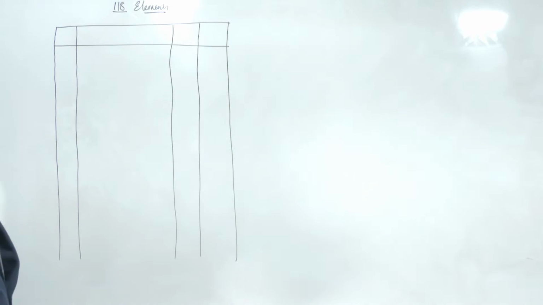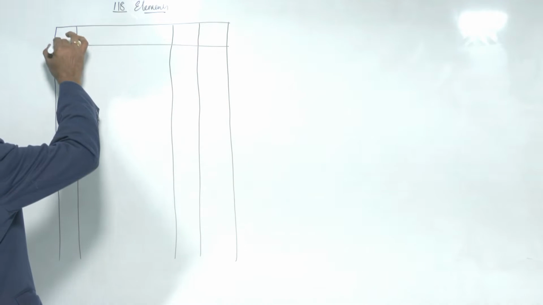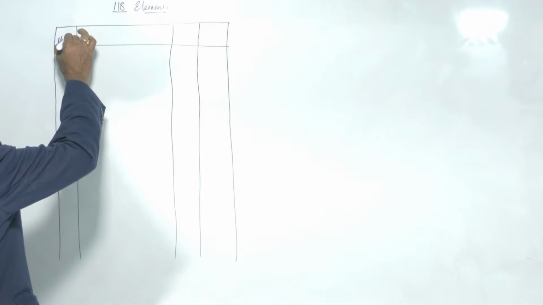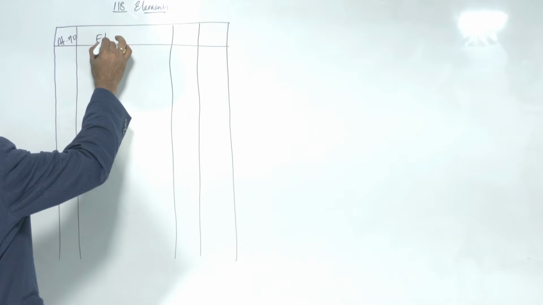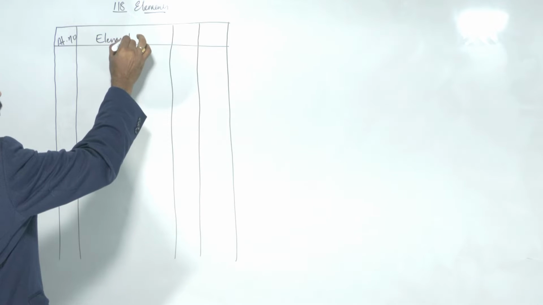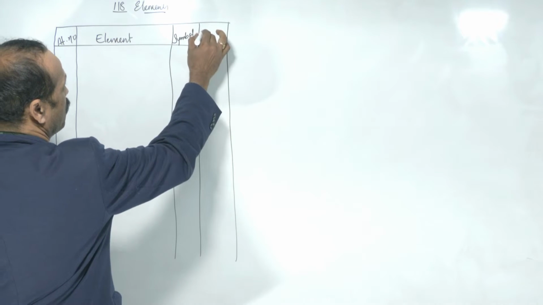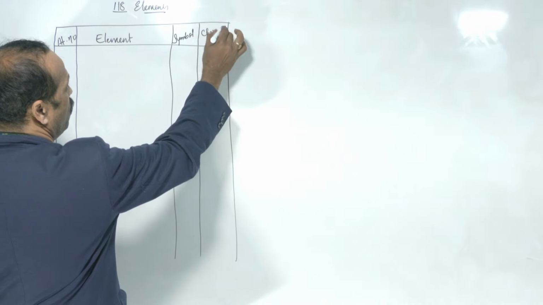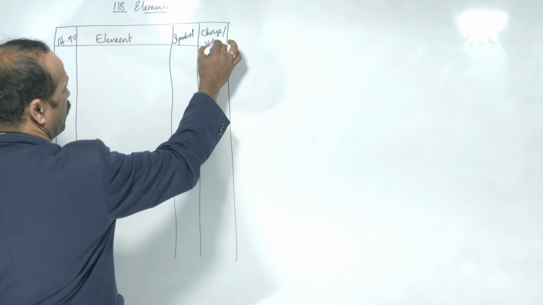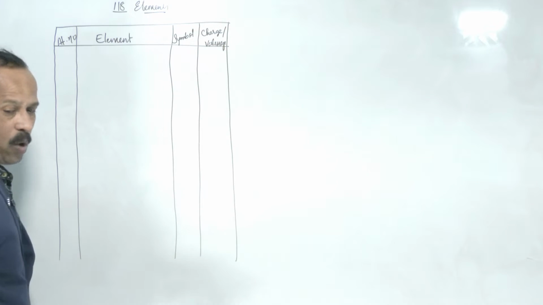Students, like this you make columns. Here in the first column you write atomic number, in the second column you write element, in the third column you write symbol, and in the fourth column you write charge or valency.